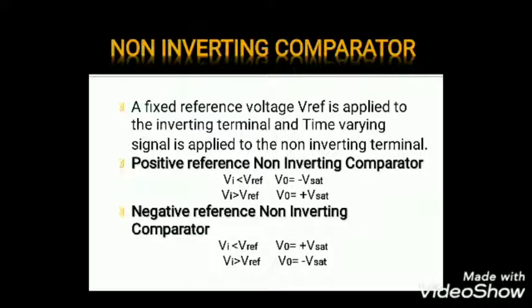In the same manner, if the negative reference voltage is applied to the inverting terminal and the time varying signal is applied to the non-inverting terminal, that is known as a negative reference non-inverting comparator. In this case, the outputs are positive saturation and negative saturation when the input is less than the reference voltage and greater than the reference voltage, respectively.